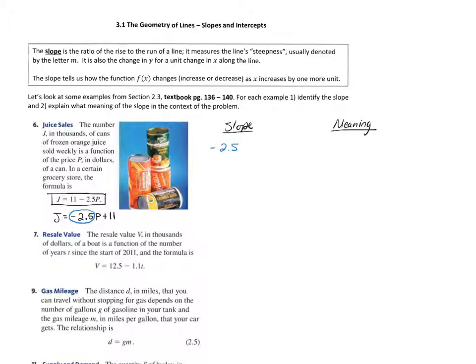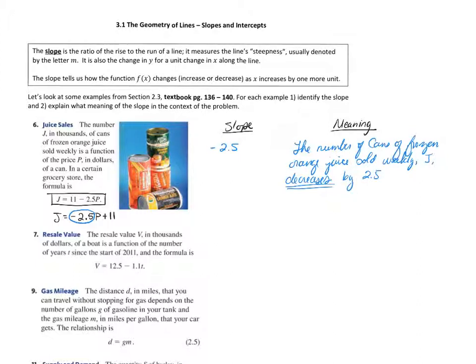Now let's talk about what it means in the context of the problem. So this slope of negative 2.5 tells us that the number of cans of frozen orange juice, remember that's J, sold weekly, decreases, and I know it's decreasing because of that negative slope, and it decreases by 2.5 thousand cans.